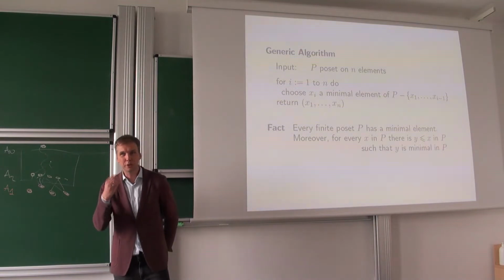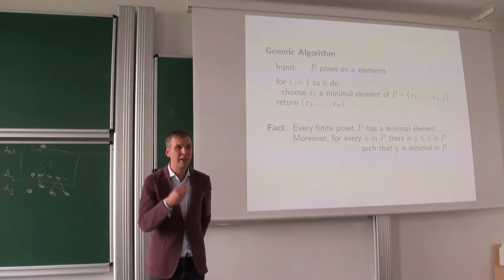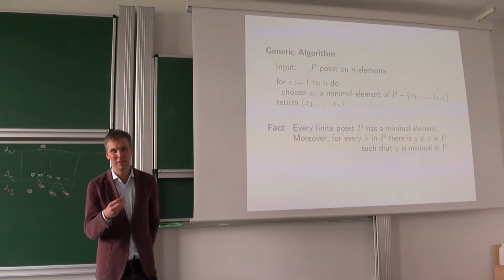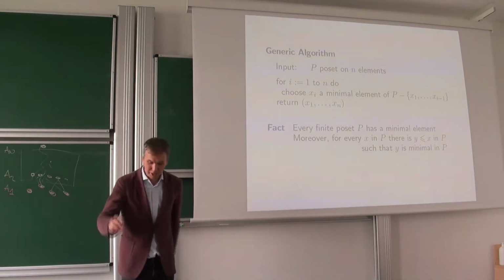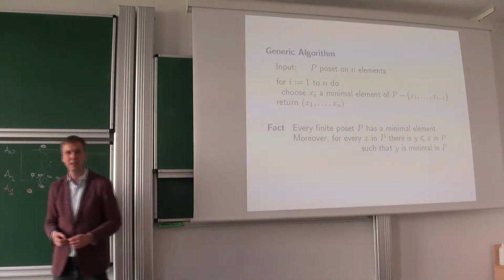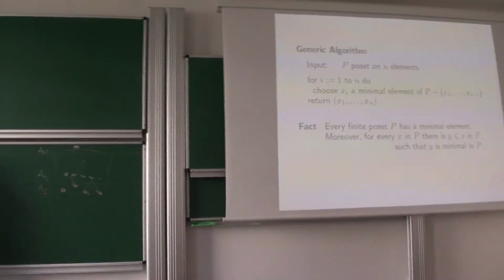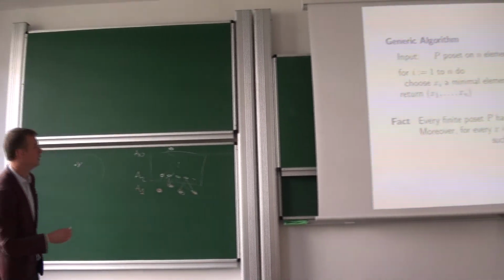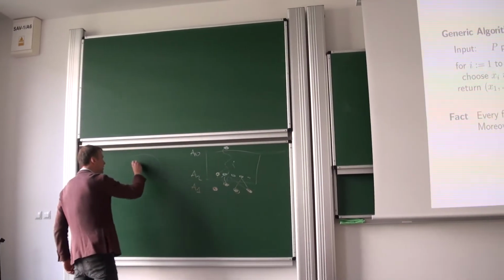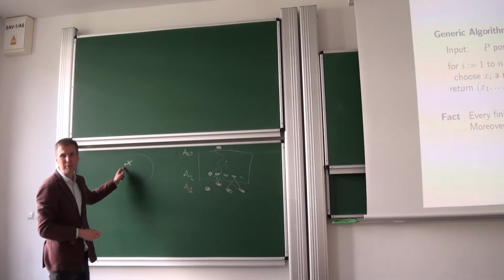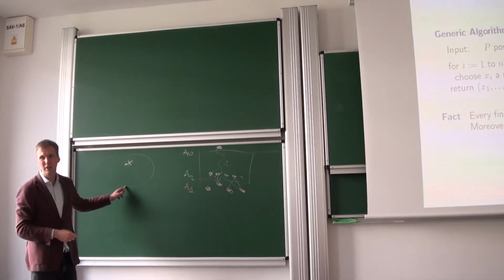So the thing we are using here is actually that every finite poset has a minimal element. Even something slightly stronger, but equally obvious, that if you have a finite poset P, and if you take an element x in the poset, then there is always a minimal element below it. Yeah?